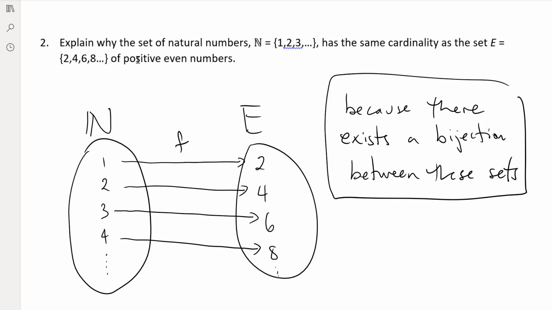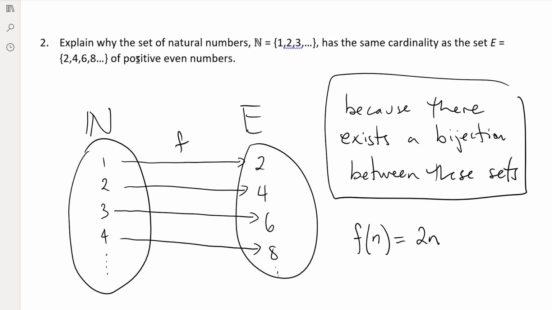We could call that bijection f, and we can quickly figure out what that formula would be. We could say f(n) equals 2n, just because we're looking at natural numbers rather than arbitrary real numbers. If you take any natural number, 1, 2, 3, 4, and multiply it by 2, you get an even number. And that is onto: every even number in the set E is accounted for. It will be the result of some value in the domain of natural numbers.